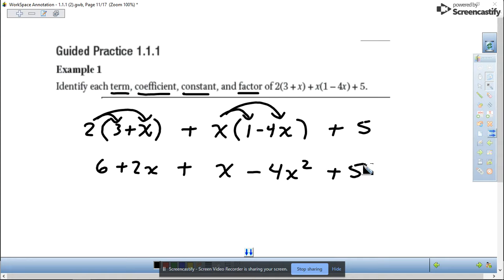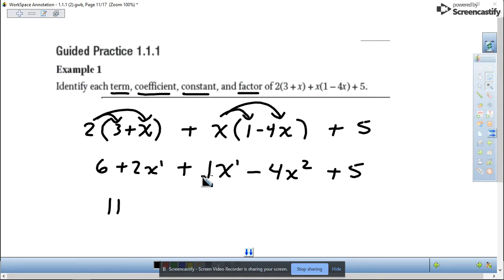Now, the next thing we need to do is combine any like terms that we have. Like terms, same variable raised to the same power. So, in this example, the 6 and the 5 are like terms because they're constants. They don't have any variable attached to them. So, 6 plus 5 would be 11. Then we have 2x and x, both x to the first power. Even though the one's not written, we could write it if we wanted to. Those become like terms.